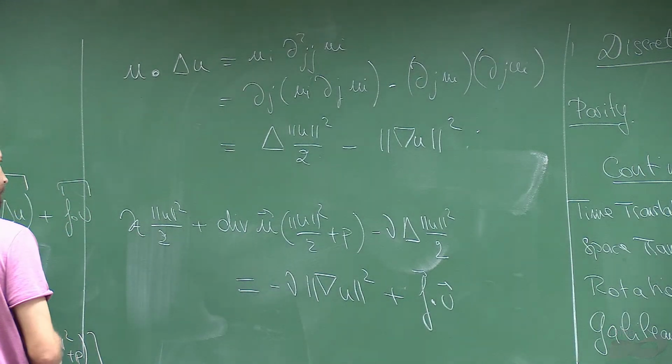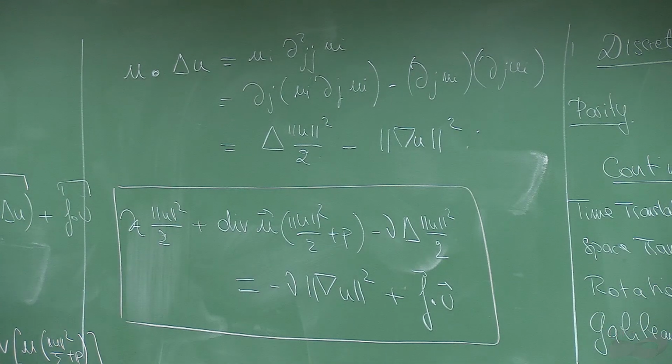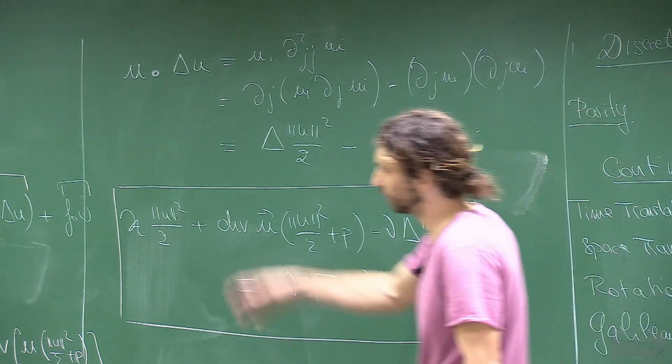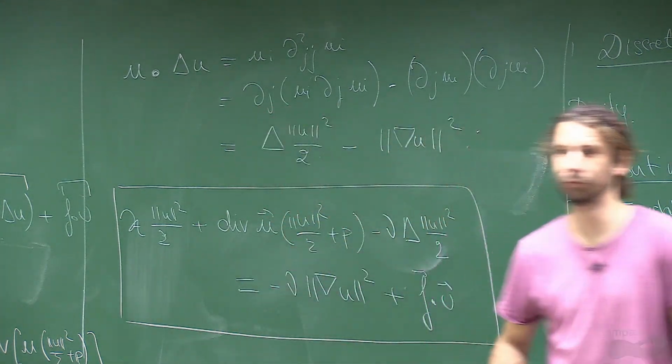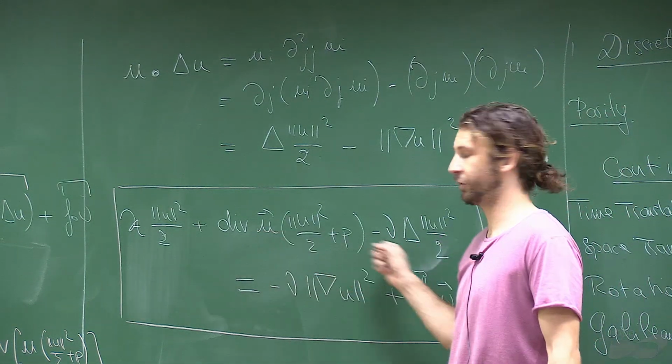And that's a local energy budget. Again, all the derivations are allowed because the u's are as smooth as I want them to be. So this is written in conservation form.